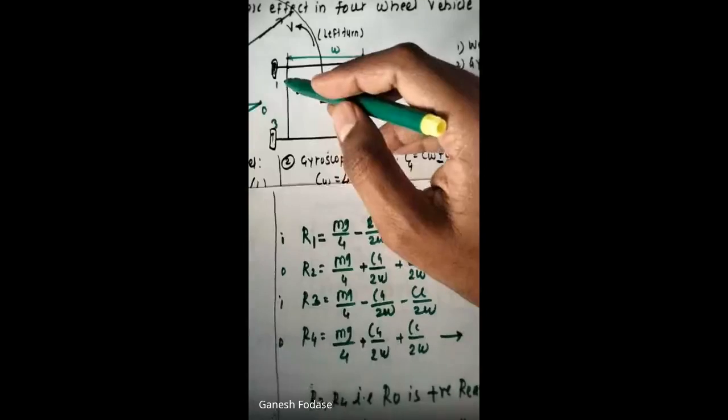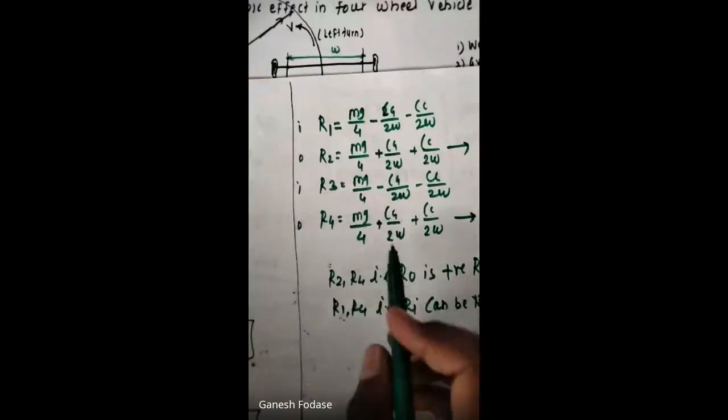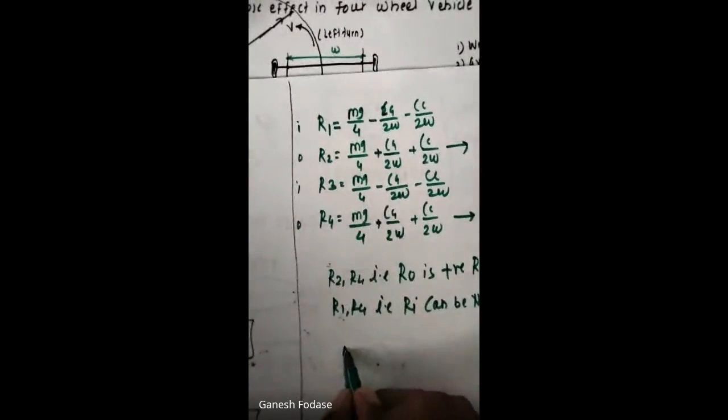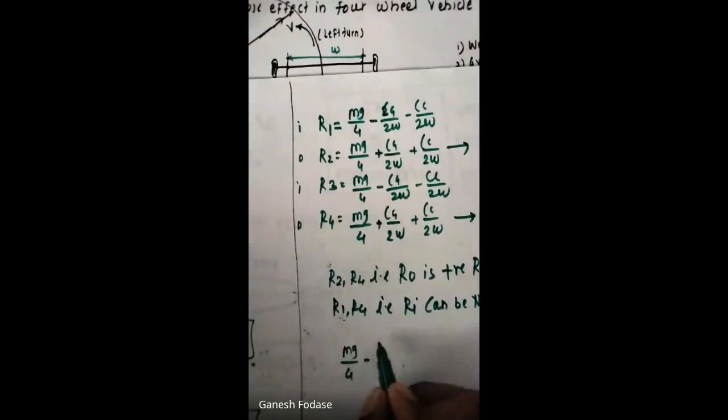So therefore, for stability, our condition is this reaction, that is mg by 4 minus Cc upon twice w minus Cg upon twice w must be greater than or equal to 0. So to avoid lifting of the wheel, this must be greater than 0. Or you can write it's nothing but Rw.